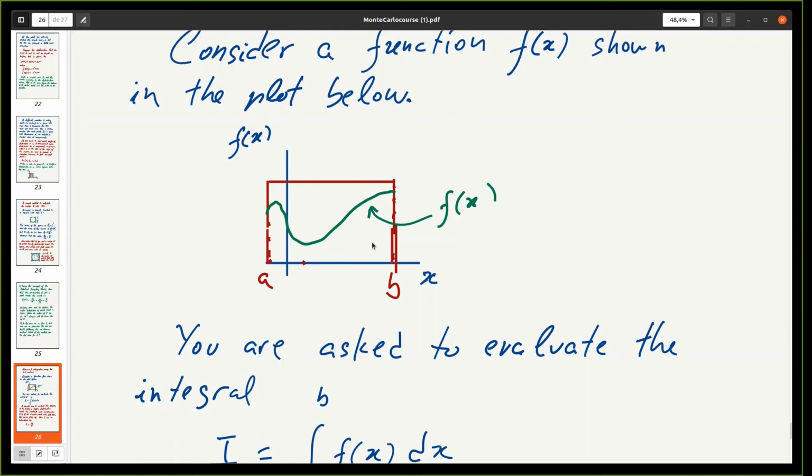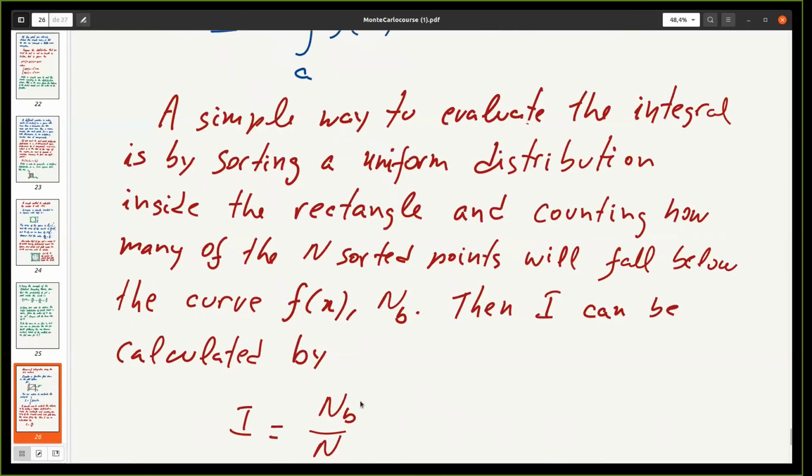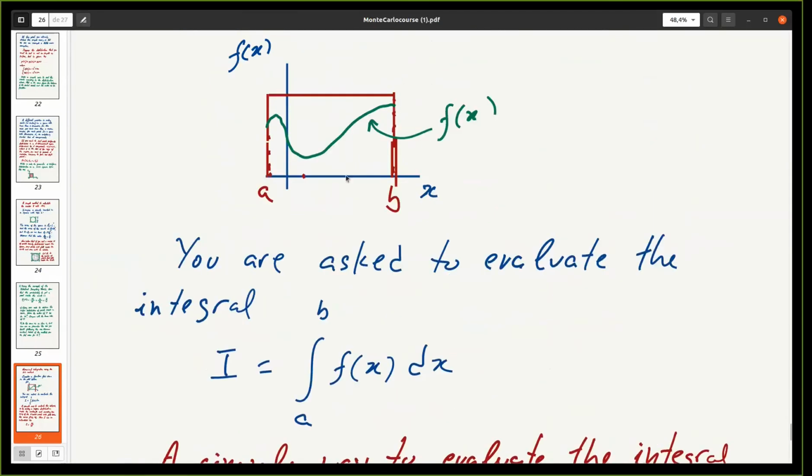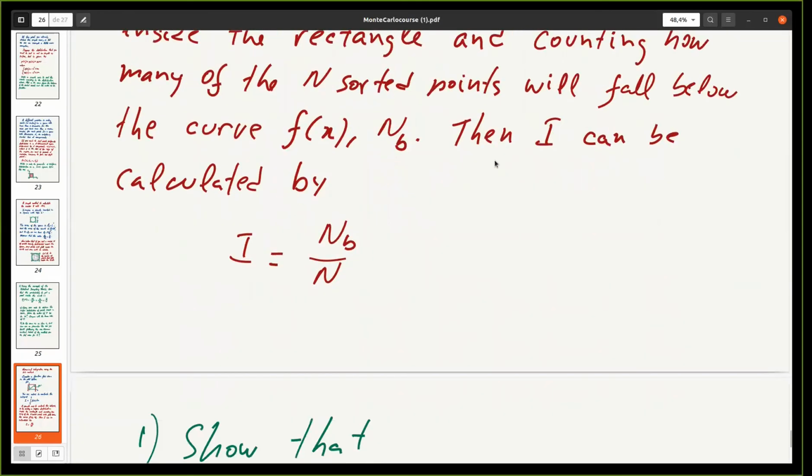Okay, so let n_b be the number of points that you got below the function, and n the total number of sorted points.